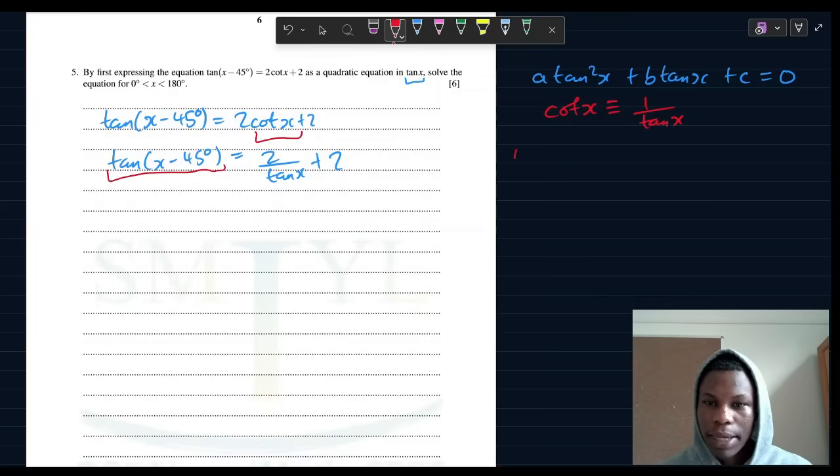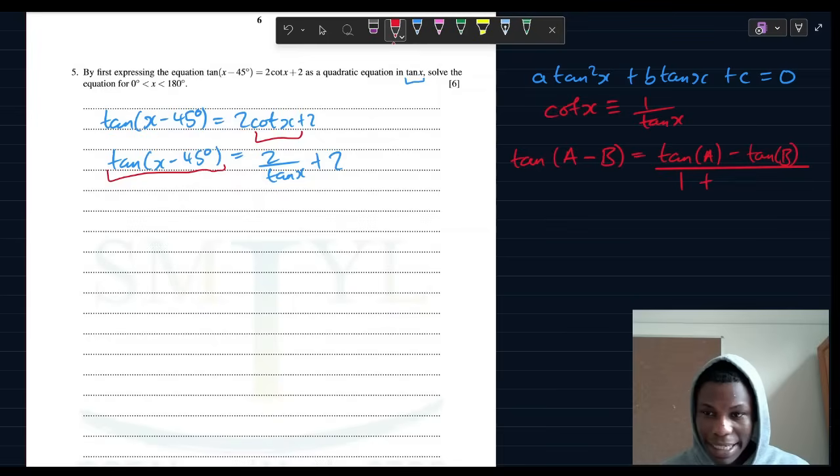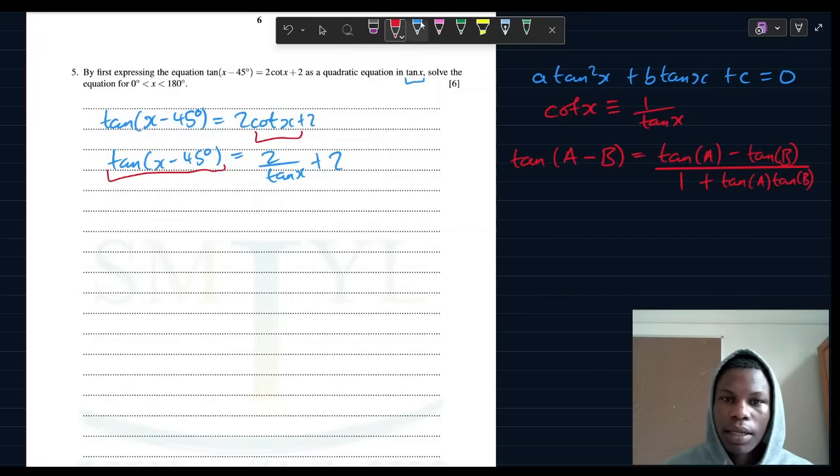So if you go to the MF19, you should find that tan of (A - B) is going to be tan A minus tan B, over 1 plus, be careful with the signs, tan A tan B. Okay, so that's the compound angle formula we're going to use to simplify this.